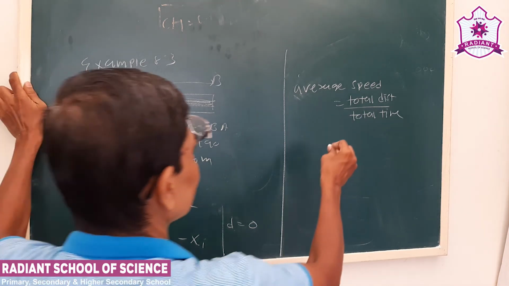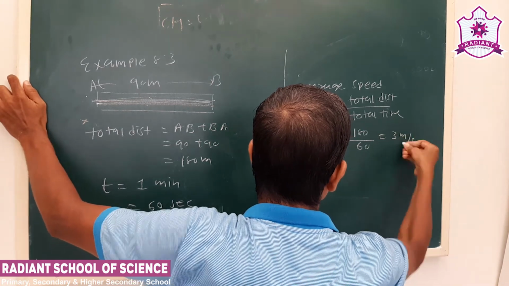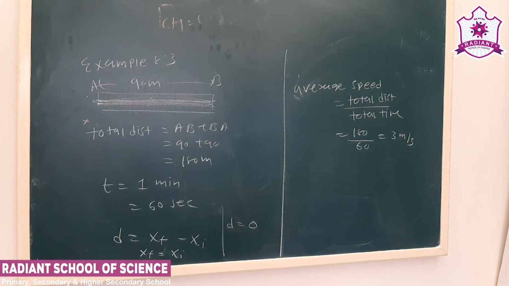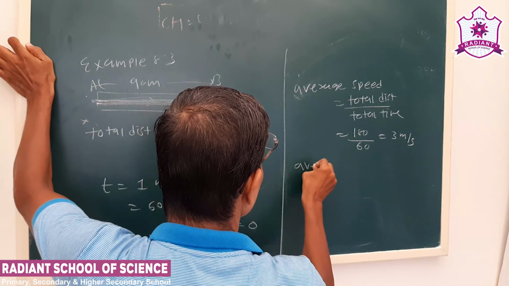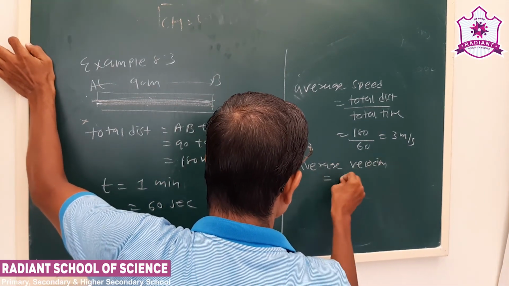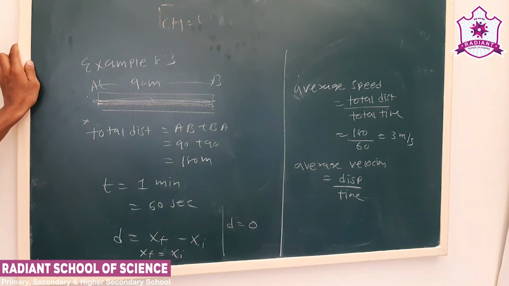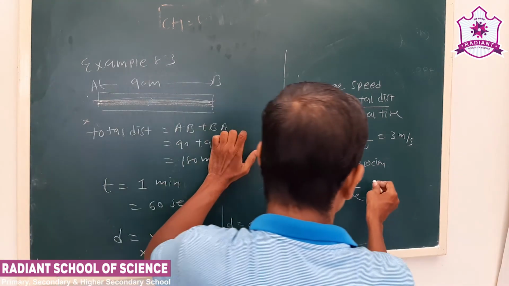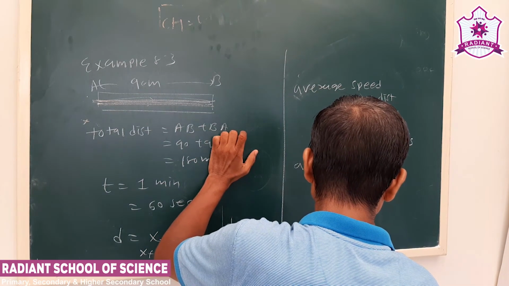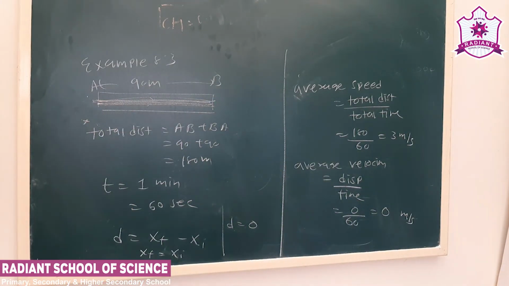So it is 180 upon 60, 3 meter per second. Now average velocity is displacement upon time. Displacement is 0. Why? Finally, she comes back to the same point. So velocity is 0 meter per second.